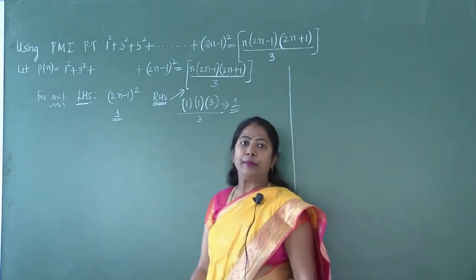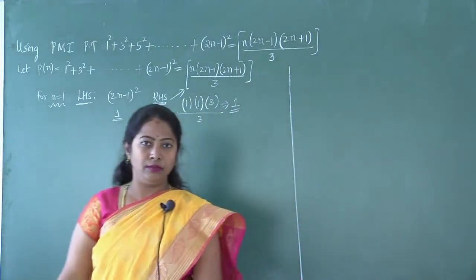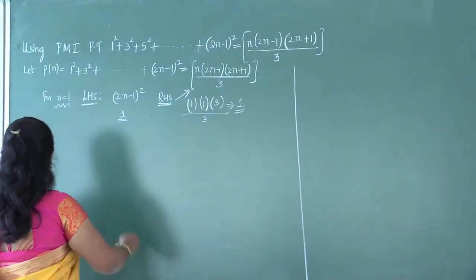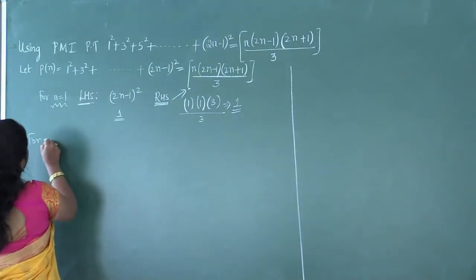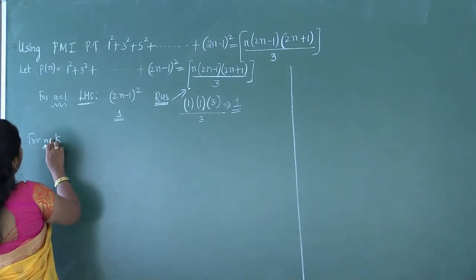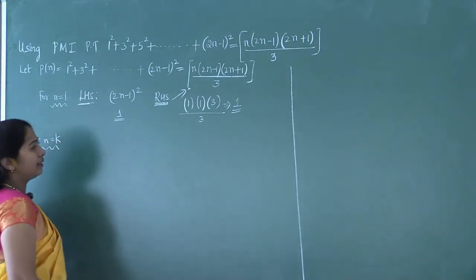Next, we shall pass on for n is equal to k now. The next step. For n is equal to k. In place of n, what do we write?